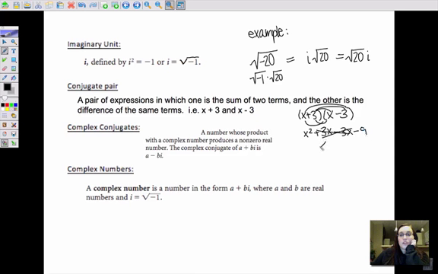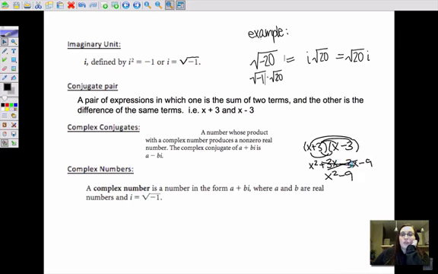Because these will cancel, and I'll have x squared minus 9. Okay, so that's what's special about a conjugate pair. And so this is where it's going to come in useful when we do complex conjugates. Basically, a plus bi and a minus bi. Those are called complex conjugates.